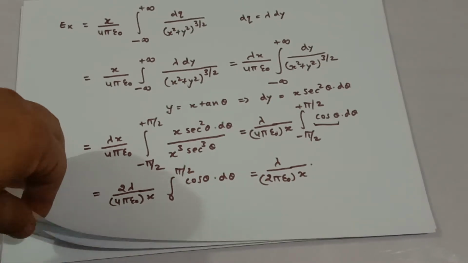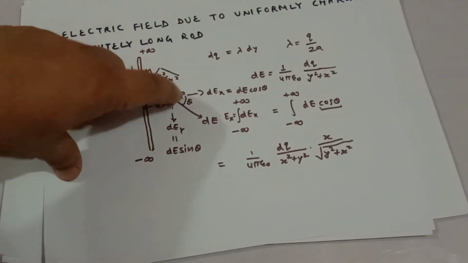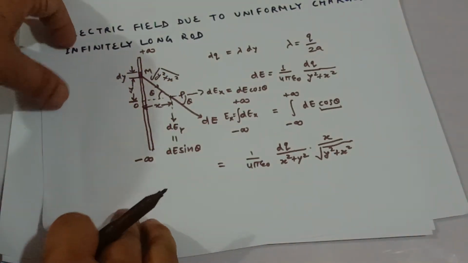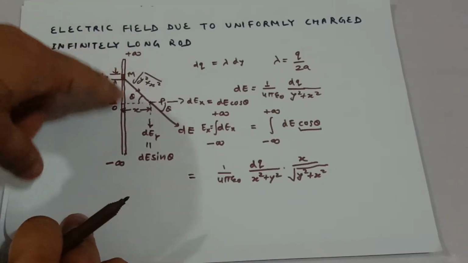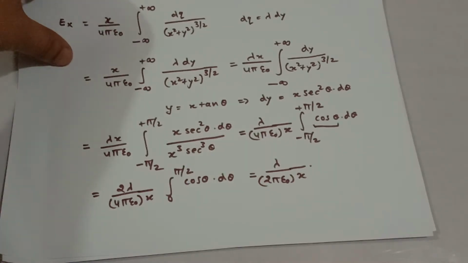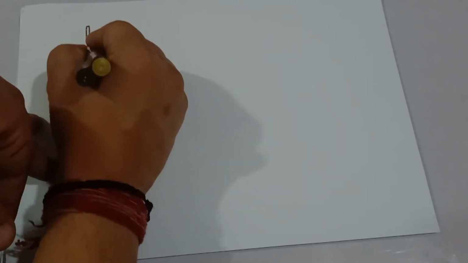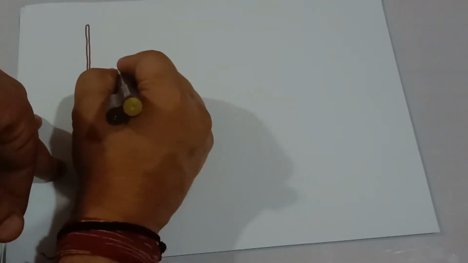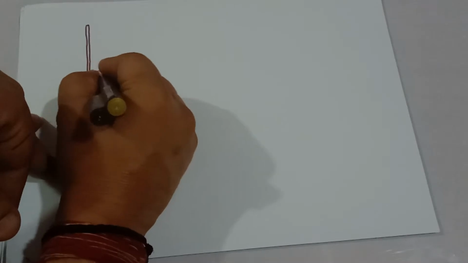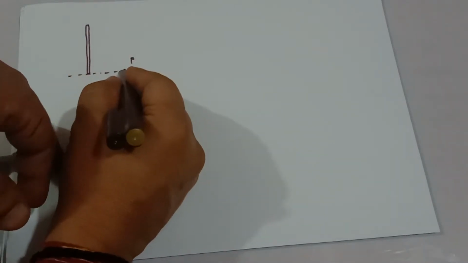So let us now consider that the point P here is at one of the ends of the rod. So what should be the answer? Let us consider that this is the uniformly charged rod, and now point P, where the electric field is to be calculated, is at one end of the rod, and the rod is infinitely long.